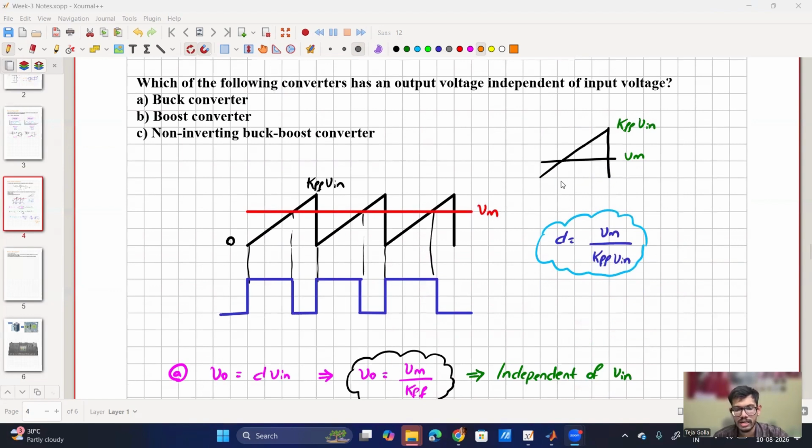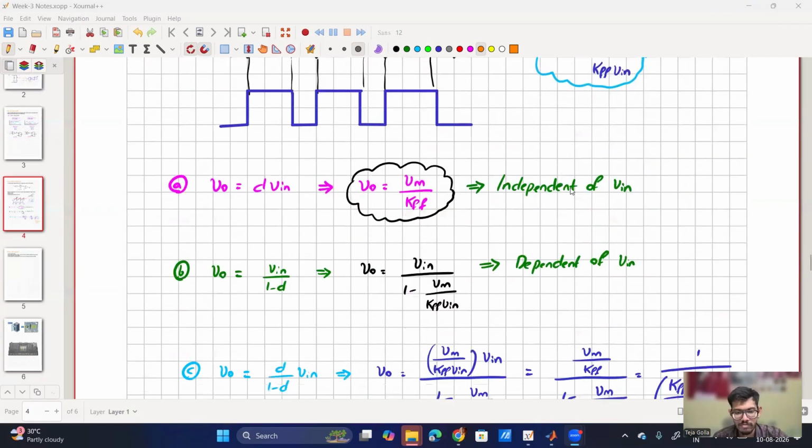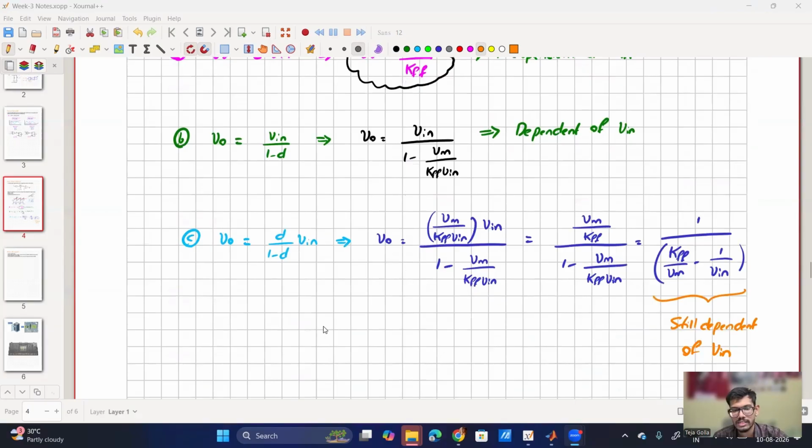You should also understand why certain converters have that benefit and certain converters don't. Because of the obvious reason, Vin gets cancelled. In the other cases, it is not getting cancelled. Why? Because 1 minus D should be proportional to 1 by Vin. Similarly, here D by 1 minus D should be proportional to 1 by Vin. And that's why it is independent. It is not independent of Vin, and it is dependent on Vin in both B as well as C. Is that clear?